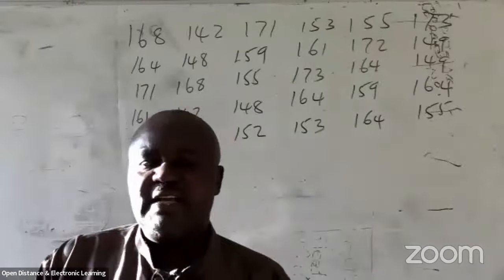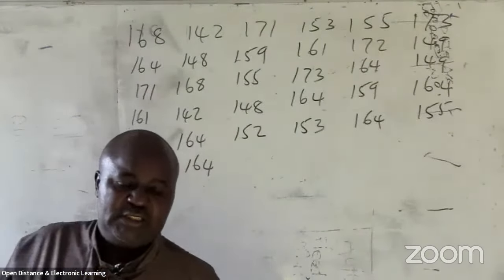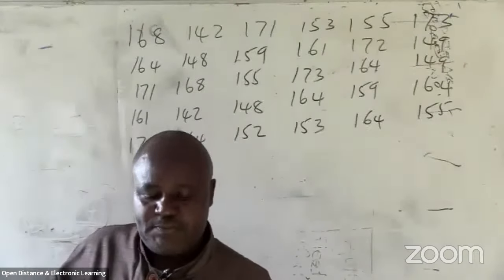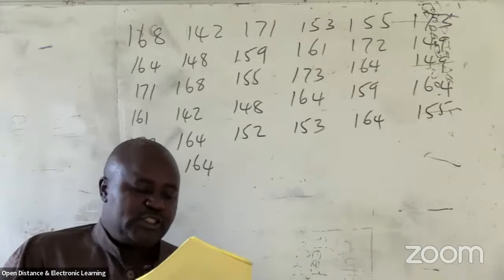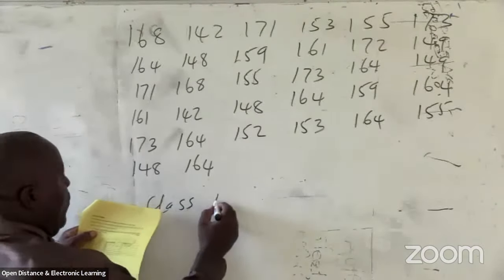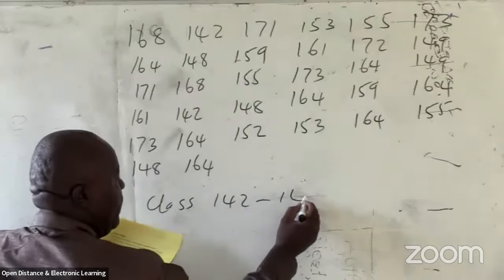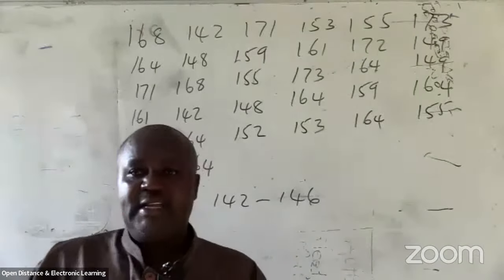We had given this as the heights of students in centimeters. And you are to generate a frequency distribution table with a class of 142 to 146. I had given you that as an exercise.